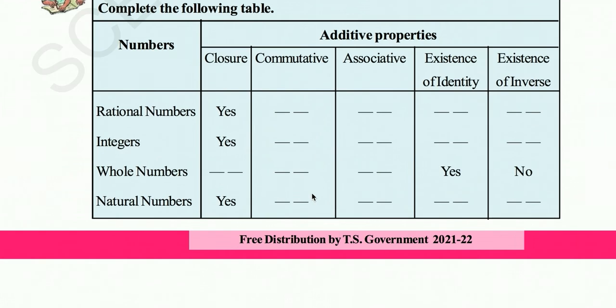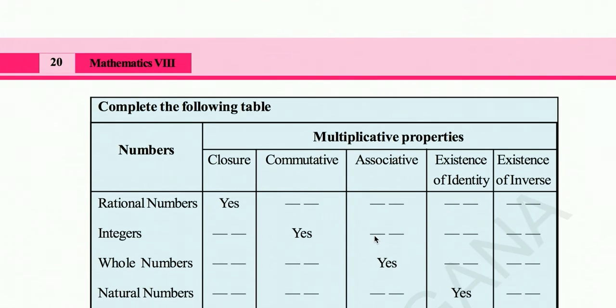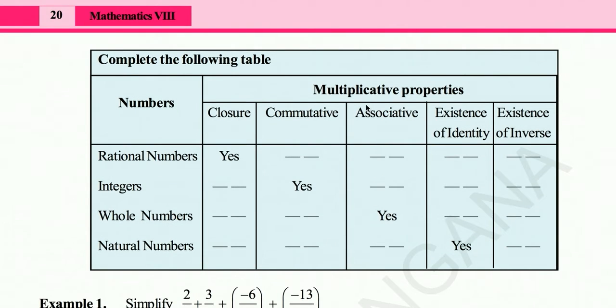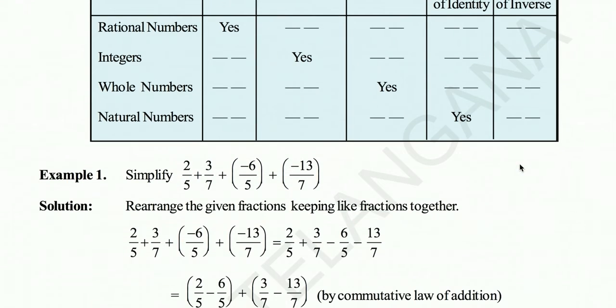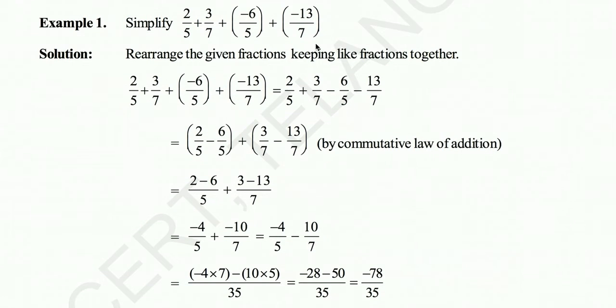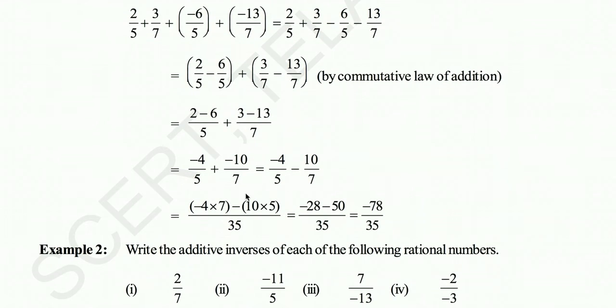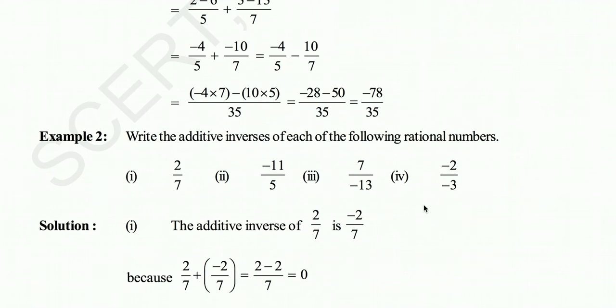Okay. Anyway, we already discussed all these things, right? What about multiplicative properties? Closure, existence of identity, existence of inverse. Okay. What about this example? Just addition, no problem. You need to take a common denominator, 5 and 5 are common, 7 and 7 are common. Here 35 is the LCM.